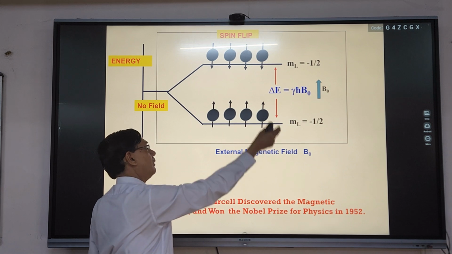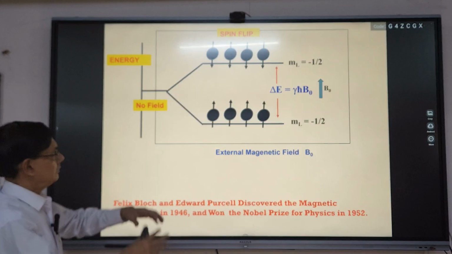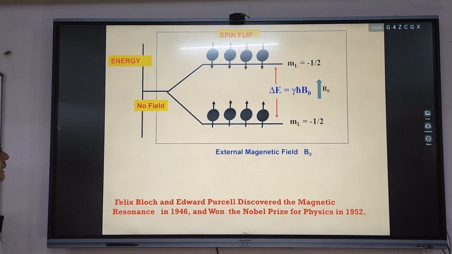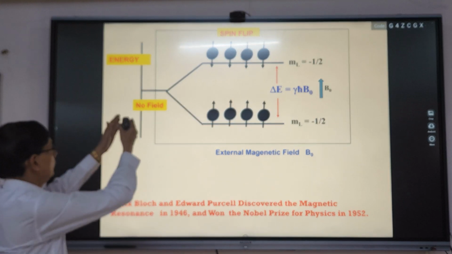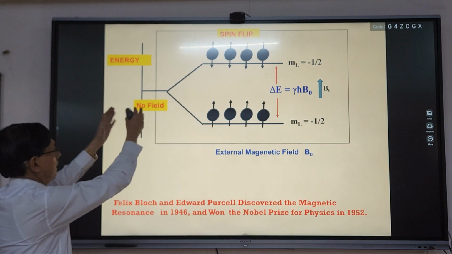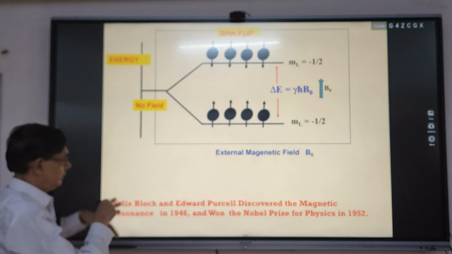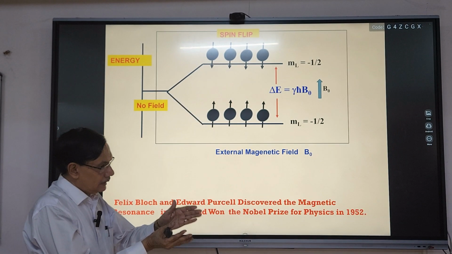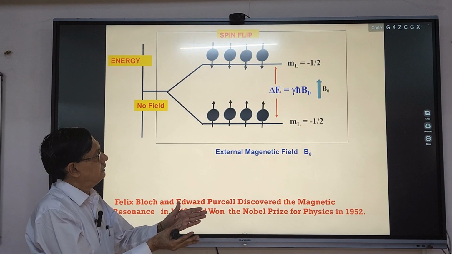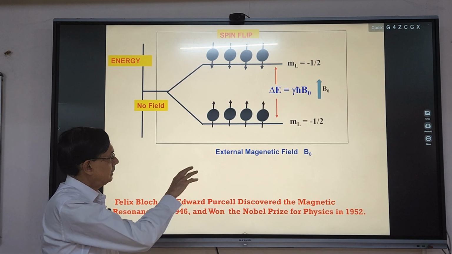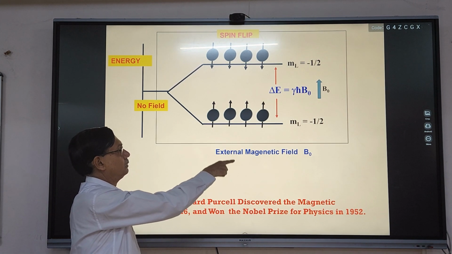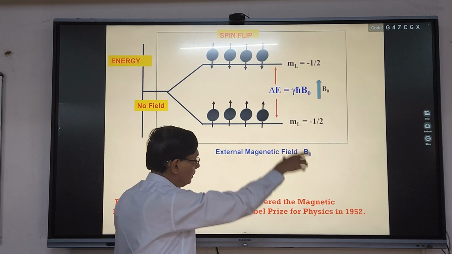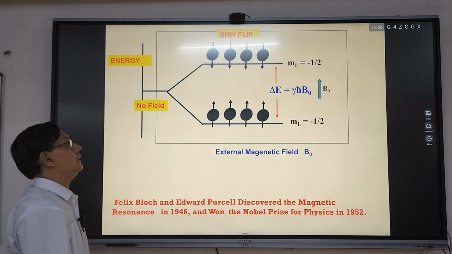You can write it as alpha or beta, and so delta E can also be calculated. When there is no external magnetic field, there is no change. But when we increase the external magnetic field, the energy difference is directly proportional to the external magnetic field, and that is also directly proportional to the radio frequency.